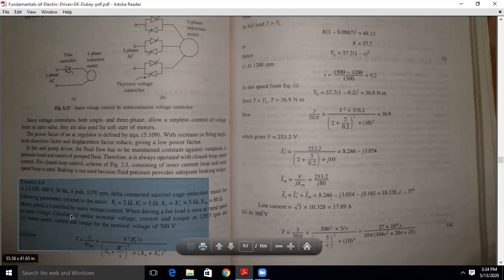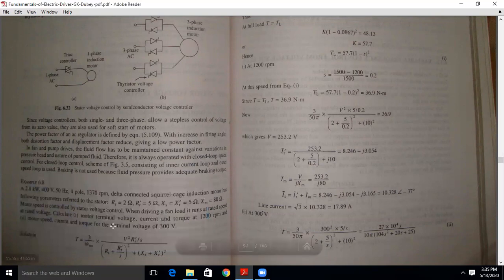Motor speed is controlled by stator voltage control. When driving a fan load, it runs at rated speed at rated voltage. Calculate the motor terminal voltage V, then current I and torque T at 1200 rpm, and motor speed, current and torque for a terminal voltage of 300 volt. There are two parts.